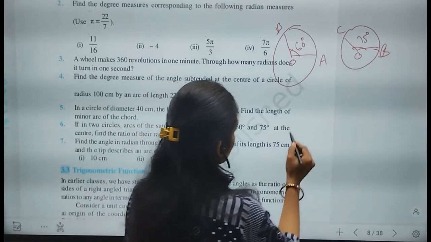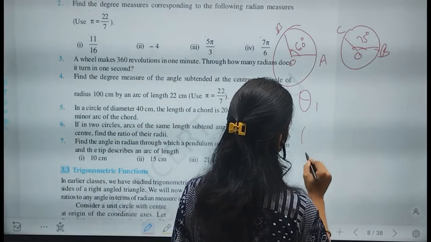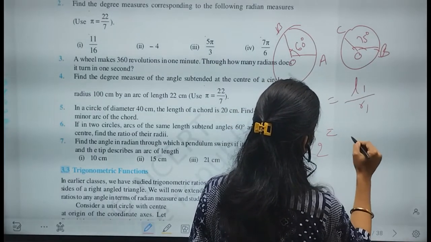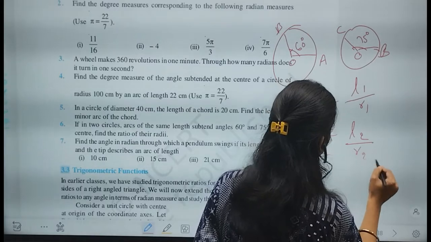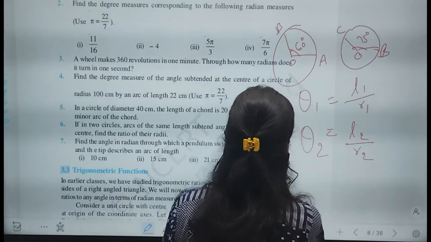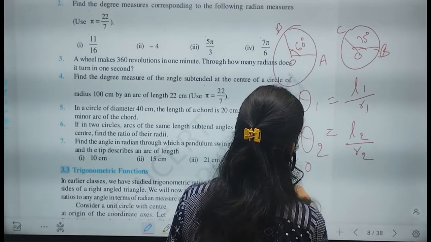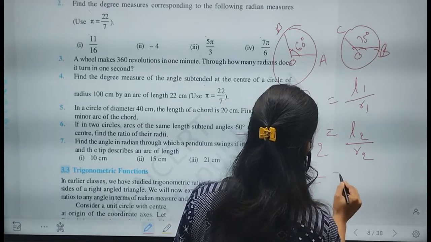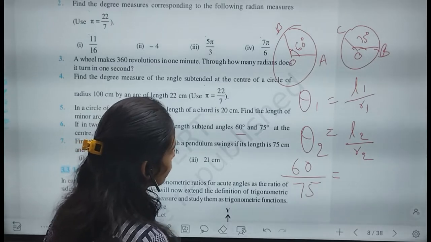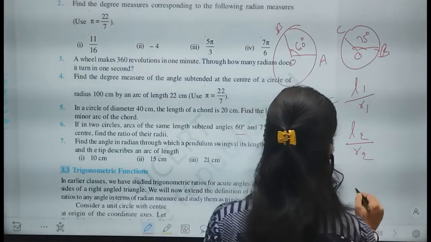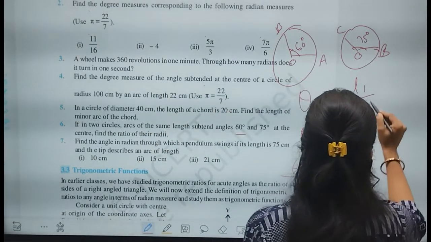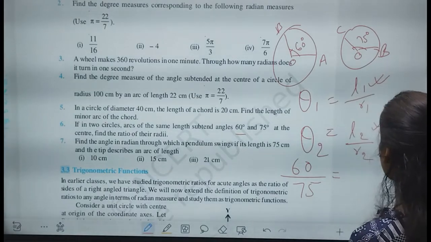Then you know that theta one and theta two, with L1 and R1, L2 and R2, are 60 degrees and 75 degrees. What will happen? Because the length of the arc is equal.